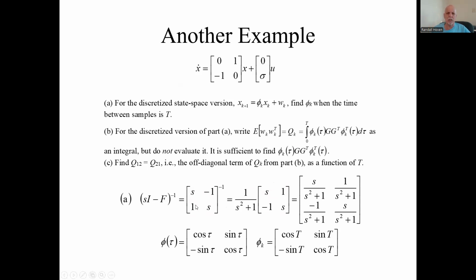Anyway, that's basic matrix arithmetic. Put that together, bring this back in. We have this, and every term in here translates into either a cosine or sine. So here's our phi as a function of tau. Here it is as a function of the time between samples, capital T. We did part A.